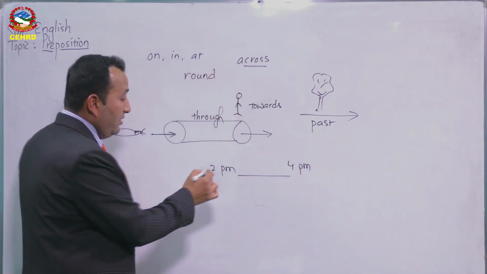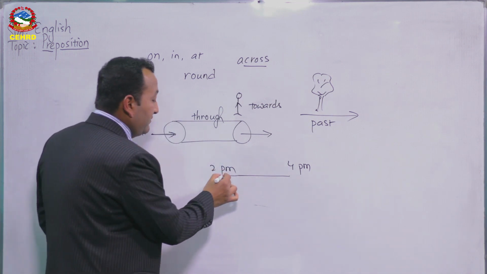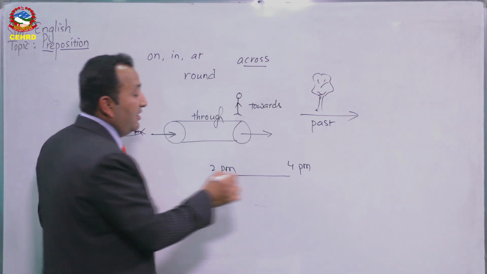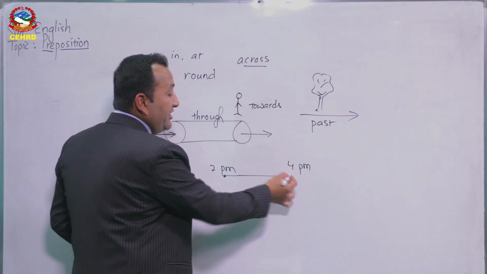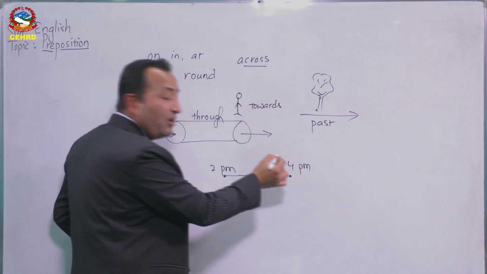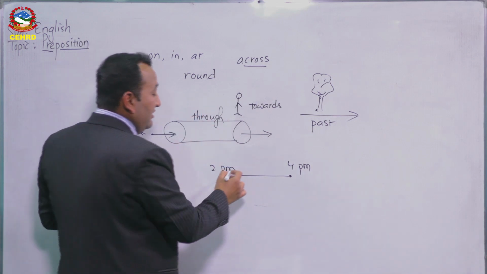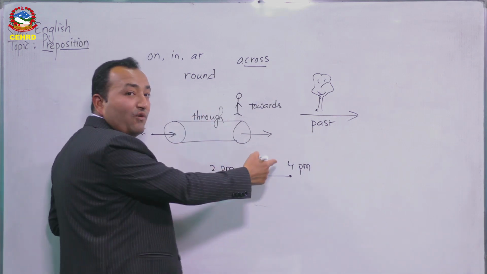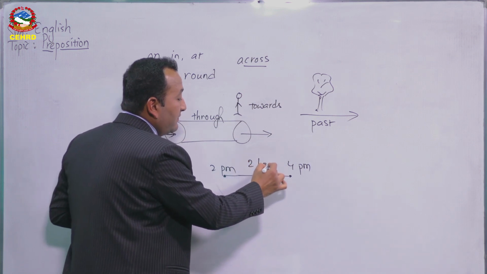Let me tell you, 2 p.m. is exact time, that's why it's a point. 4 p.m. is also an exact time, that's why it's a point. From one point to the other point, what is the distance? What is the length of time? This length of time is from 2 to 4, the length is 2 hours. Right?